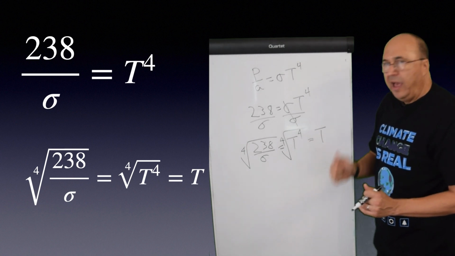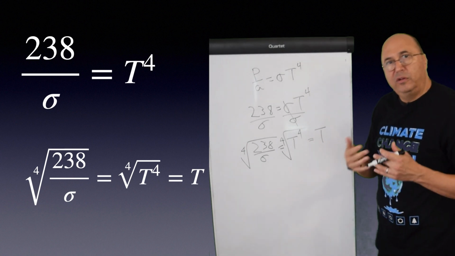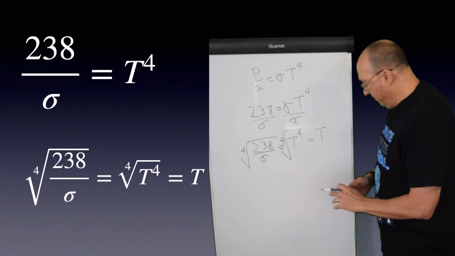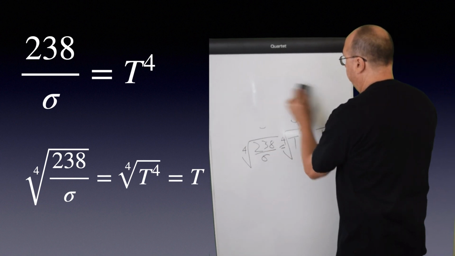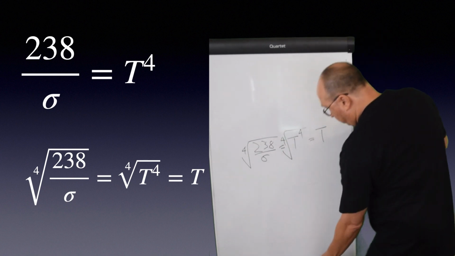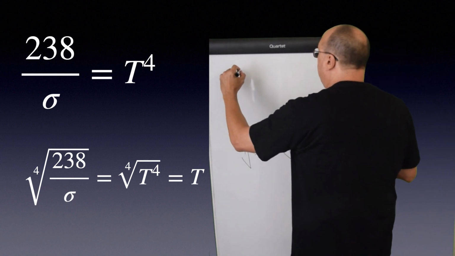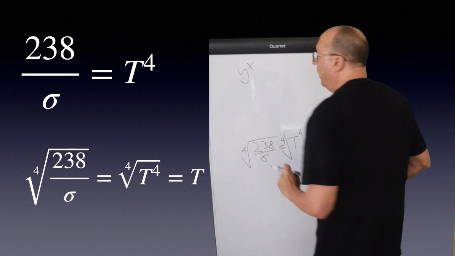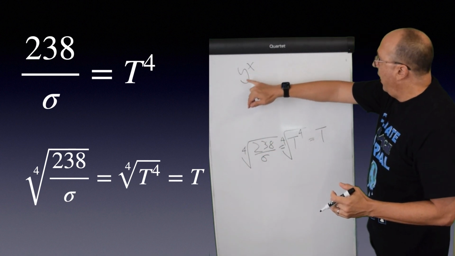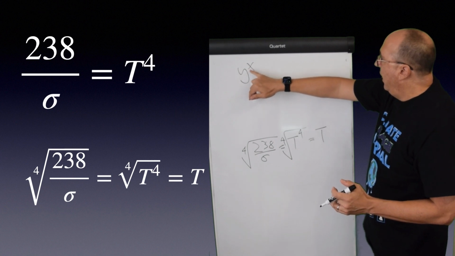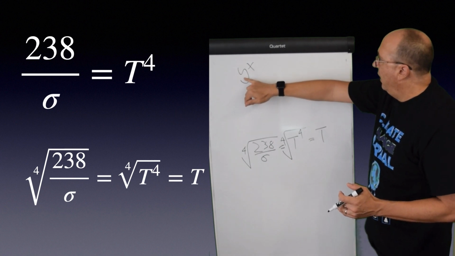Now, how do you actually take the 4th root? Okay, there are 2 different ways to do this. Let me erase this up here, and I'll erase this also. So one of the ways is your calculator has a y to the x button on it. It almost certainly does. And what this does is it allows you to give it a value y, and a value x, and it does y to the x.